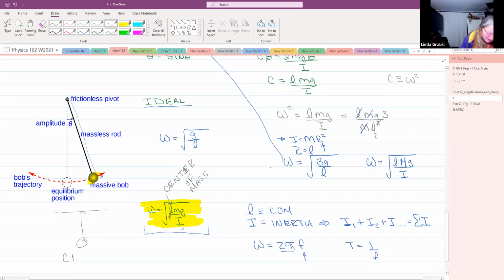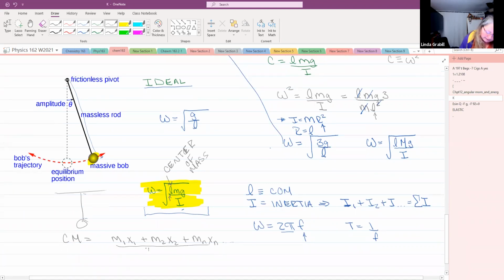So just to remind ourselves, center of mass is defined as mass 1 times x1, where x1 is away from whatever axes we've chosen, plus mass 2 times x2 plus mass n times xn, and that goes on forever, divided by the sum of all our masses. That gives us the position for our center of mass. This gives me L.